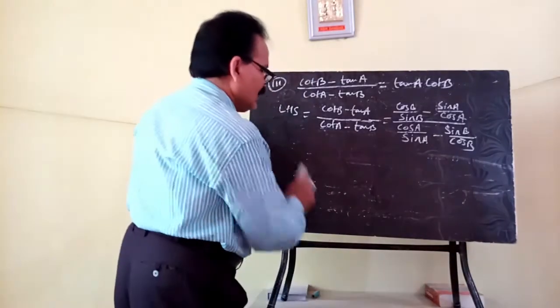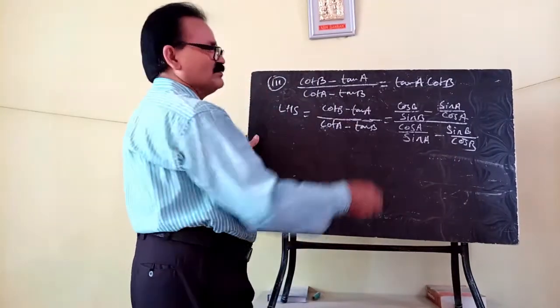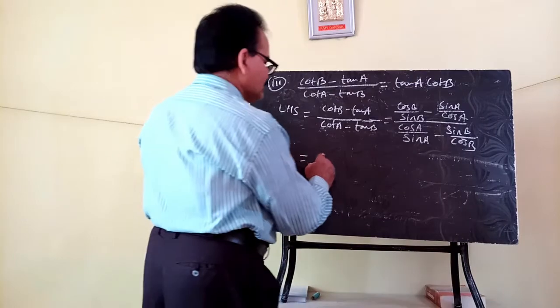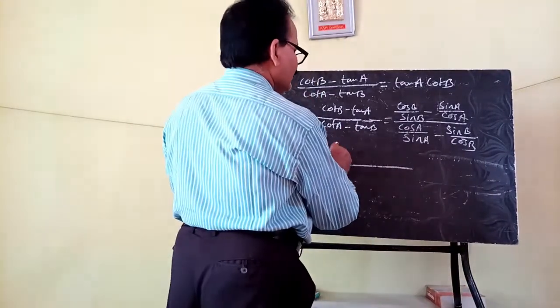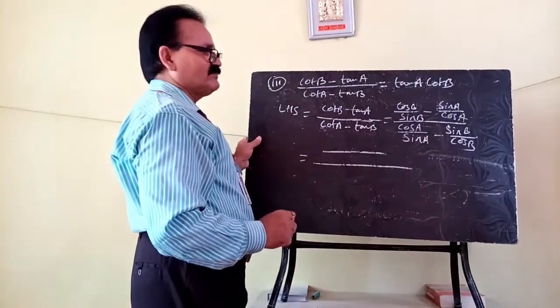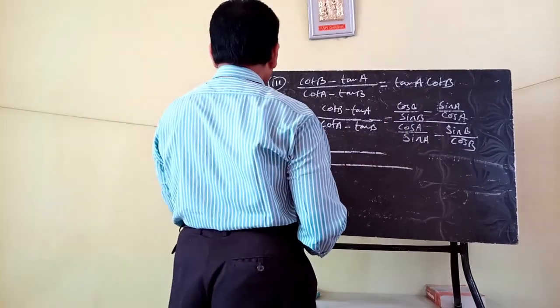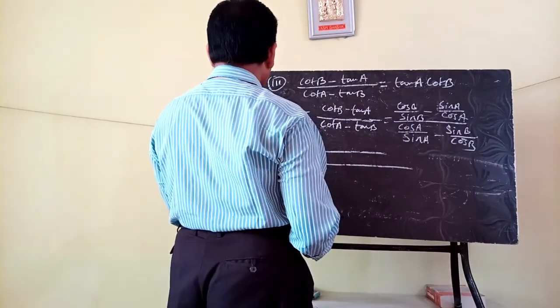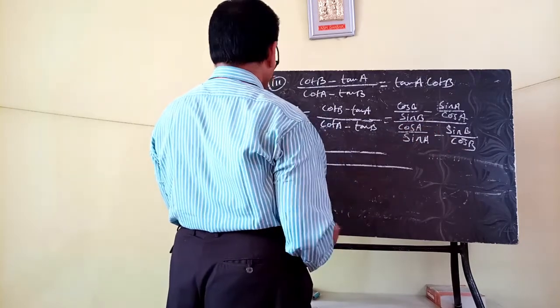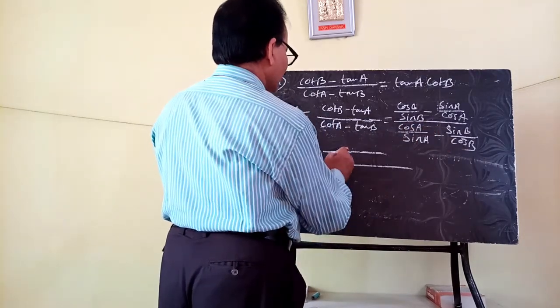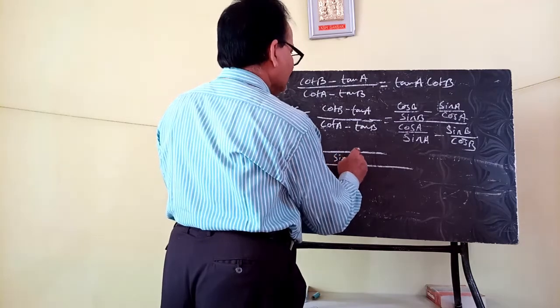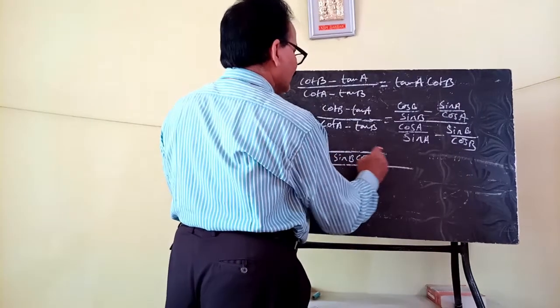After that, you just simplify the numerator as well as the denominator. The numerator is a subtraction of two fractions, and in the denominator also it is a subtraction of two fractions. So here the LCM is sin B into cos A in the numerator.